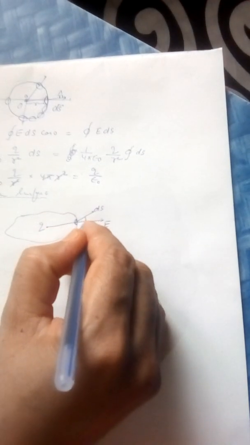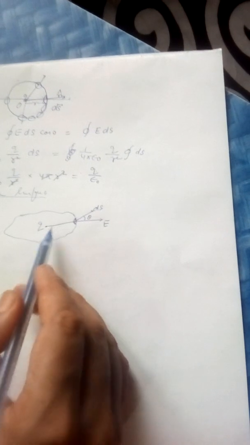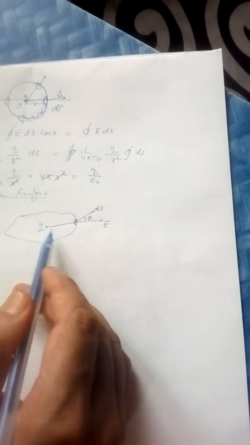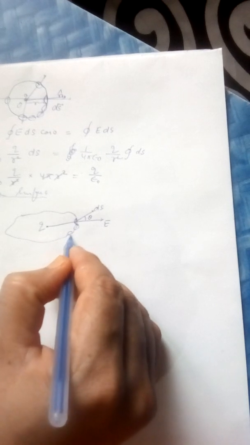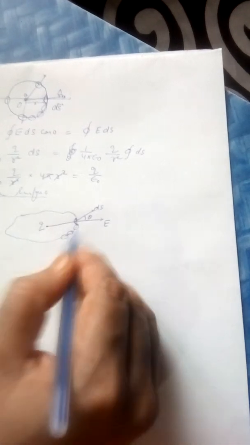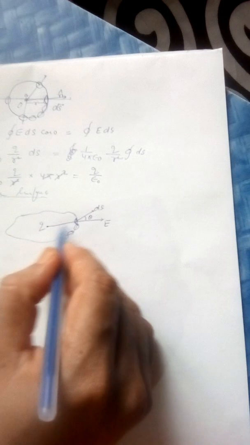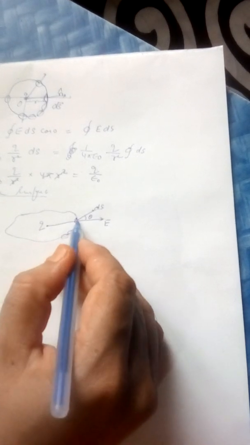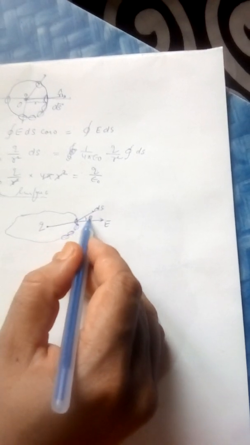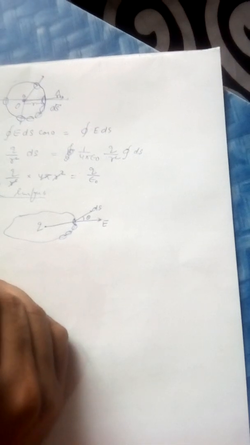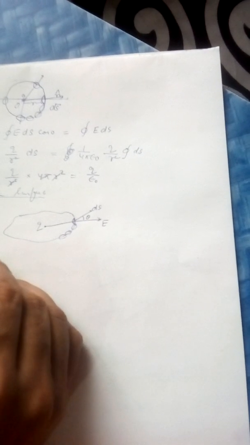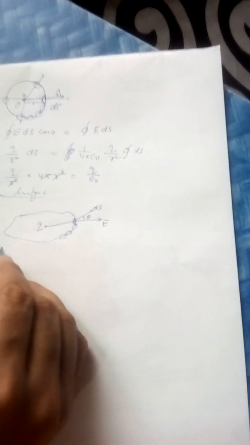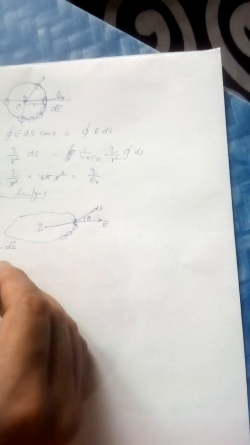Suppose the angle is theta. Now we are dividing the whole area into small elements ds, ds, ds, and we ultimately add them. So the electric field and the area element make an angle theta. So now what is the flux formula? Closed integral E dot ds.